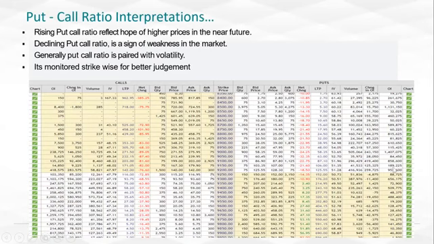We take 9.57 lakh put contracts in total divided by 4.18 lakh contracts on the call side. So the ratio would be roughly 2. PCR is simply this divided by this, total put contracts divided by total call contracts. So for the 9,200 strike in the option chain, we have a PCR of nearly 2.